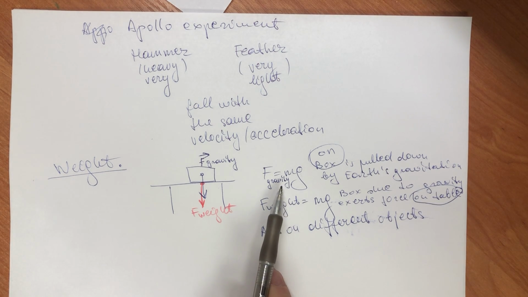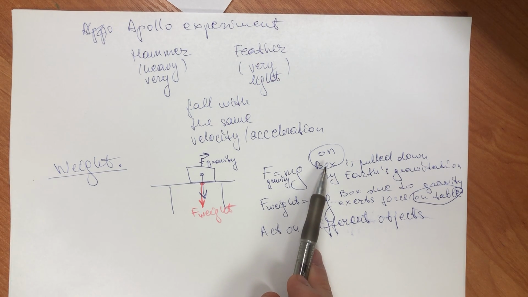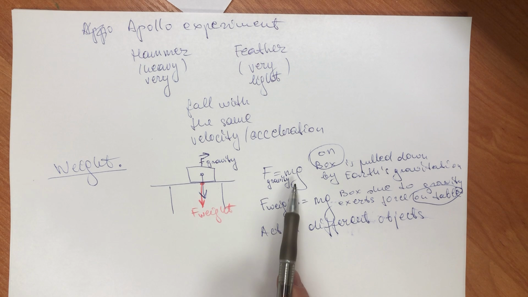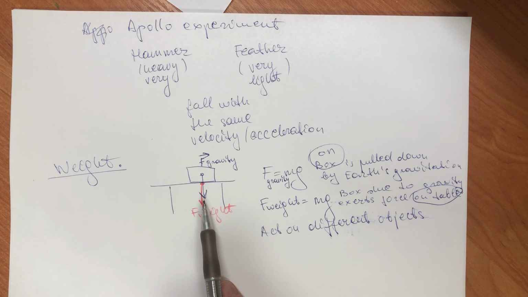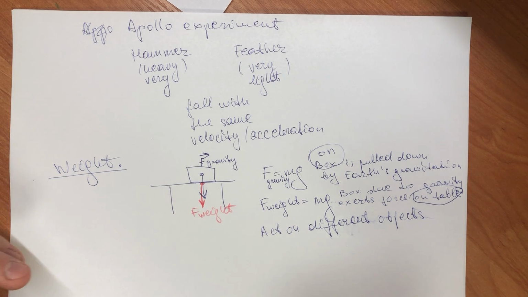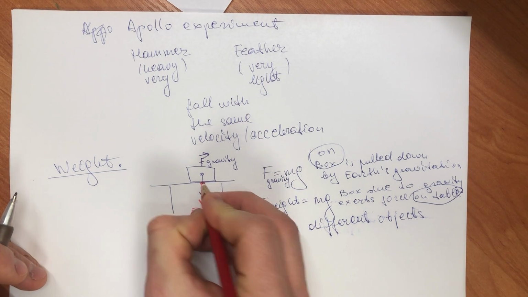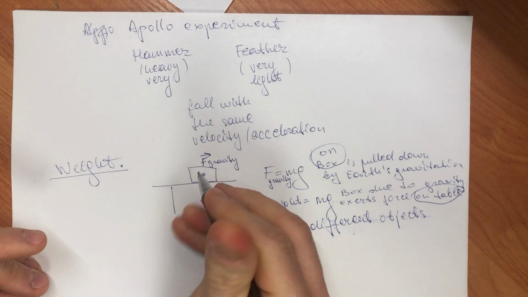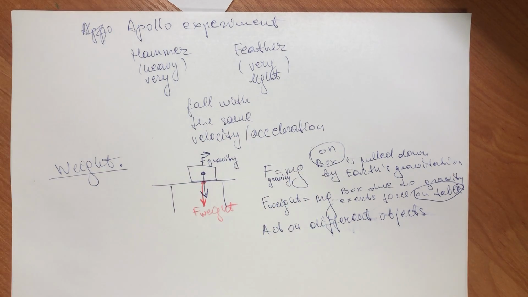So gravity is the force on the box due to Earth, but this box exerts a force on the table. You see that the red one begins at the table surface, while this blue one is in the middle of the box. We will discuss this a bit more when we talk about forces.